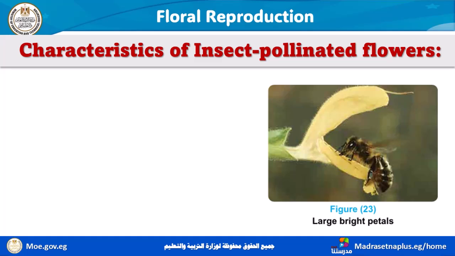So the flower must attract the insect to allow the pollen grain to be transferred by the insect from one flower to the other, or from the anther to the stigma, and allow the pollination process to take place. So what are the characteristics of insect-pollinated flowers?